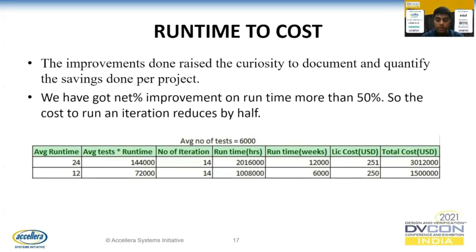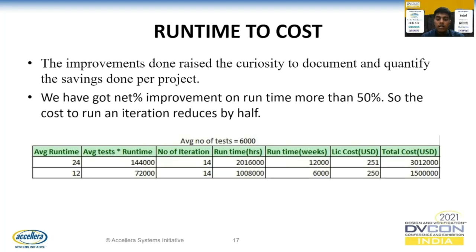So here we are taking 50%. This brings down the average runtime of the SOCs to 12 hours. Now we can see the average cost in USD coming down by almost 50%. This is the case for one project. From here, we can see we are saving close to $1.5 million on one DV project.